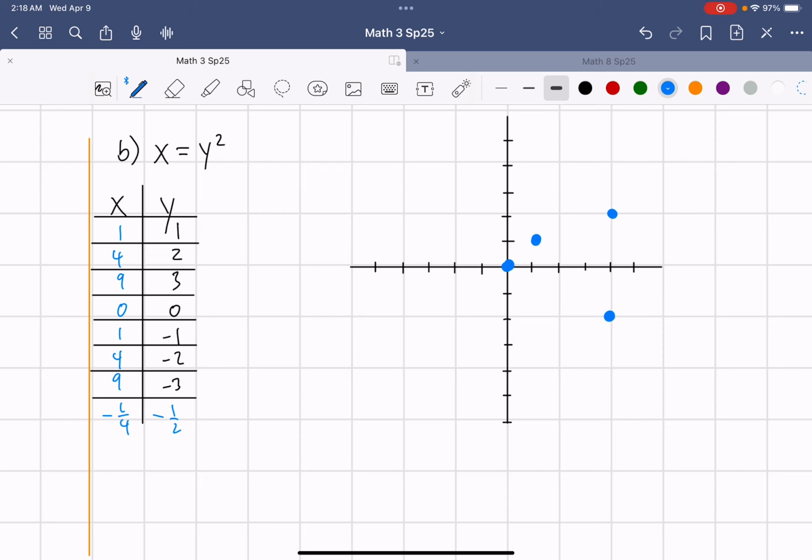And we have 1 at 9 and negative 3, so 2, 4, 6, 8, 9, and then 3. It's somewhere around here. And same thing for this one. If I did 9, I'd have to then go up 3. So that would be about here. And then there's a negative 1 and 1, which is looking like it's going to be the same pattern.